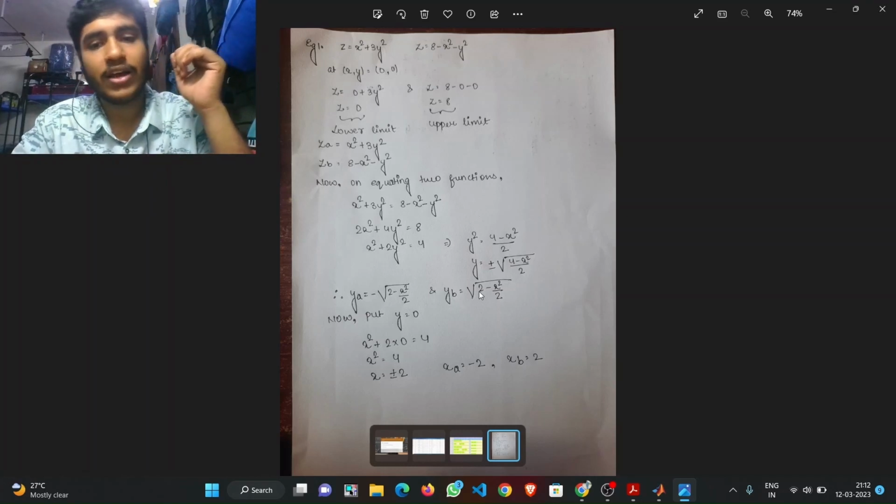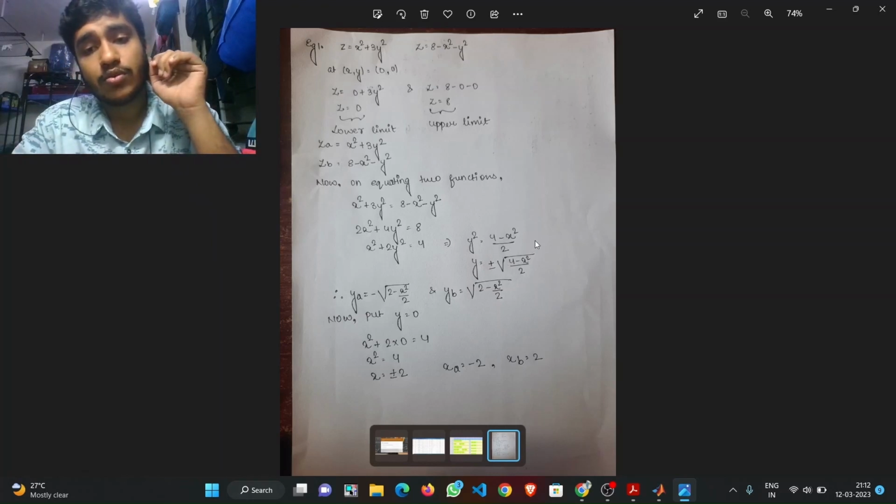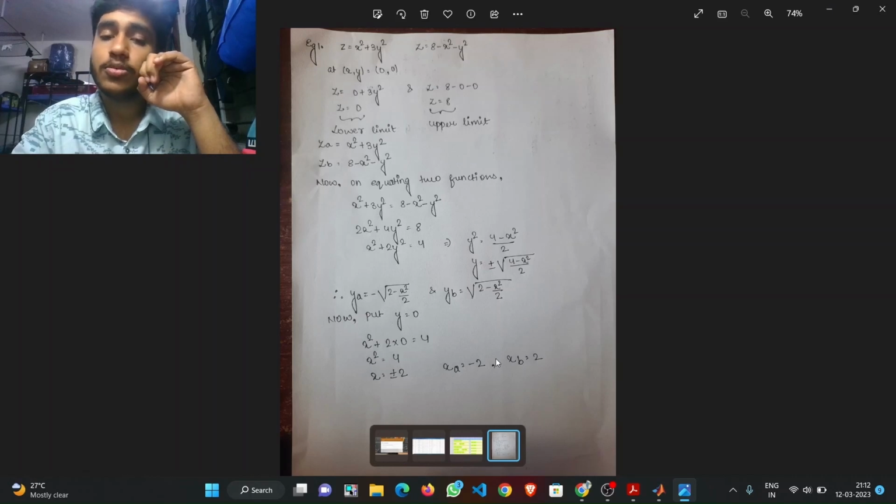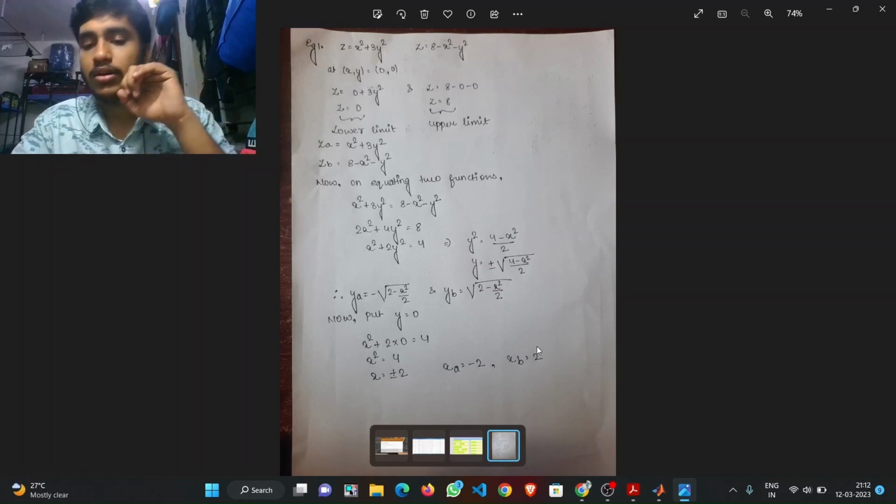So we'll get two y values, that is plus minus root of (4 minus x square) by 2. So we'll get the lower limit and upper limit of y. And now if we put y equals 0, we'll get the limits of x, that is plus 2 and minus 2. So minus 2 is the lower limit and plus 2 is the upper limit.